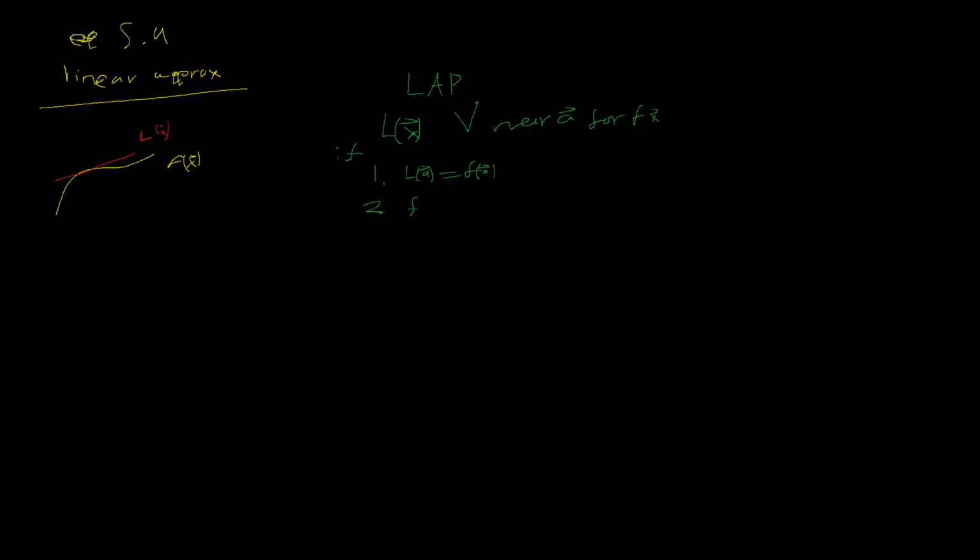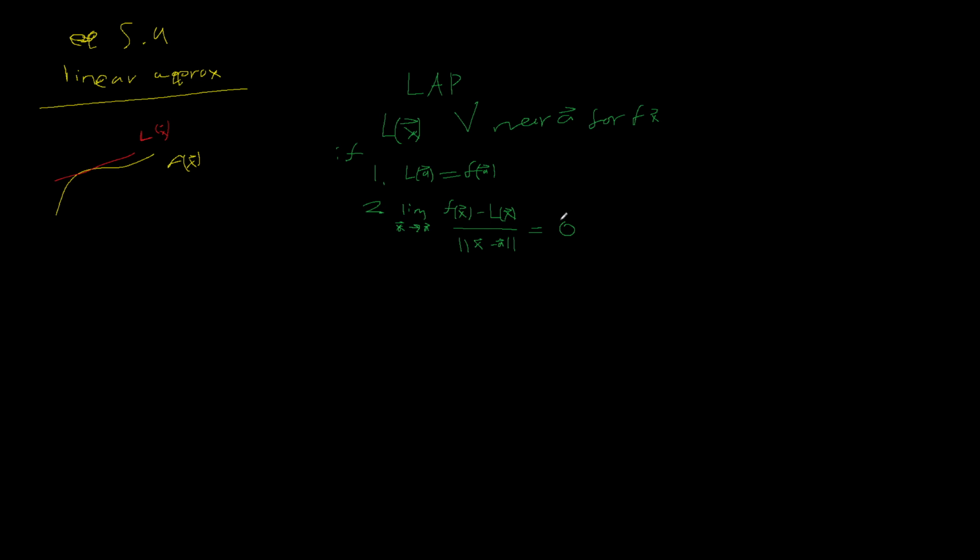Or I should actually write this here like this: the limit as x approaches a, so our vector x approaches a, of f(x) minus L(x), our approximation, over the norm of the difference between these vectors, approaches 0. It approaches the 0 vector, or just 0 if these are scalar functions.